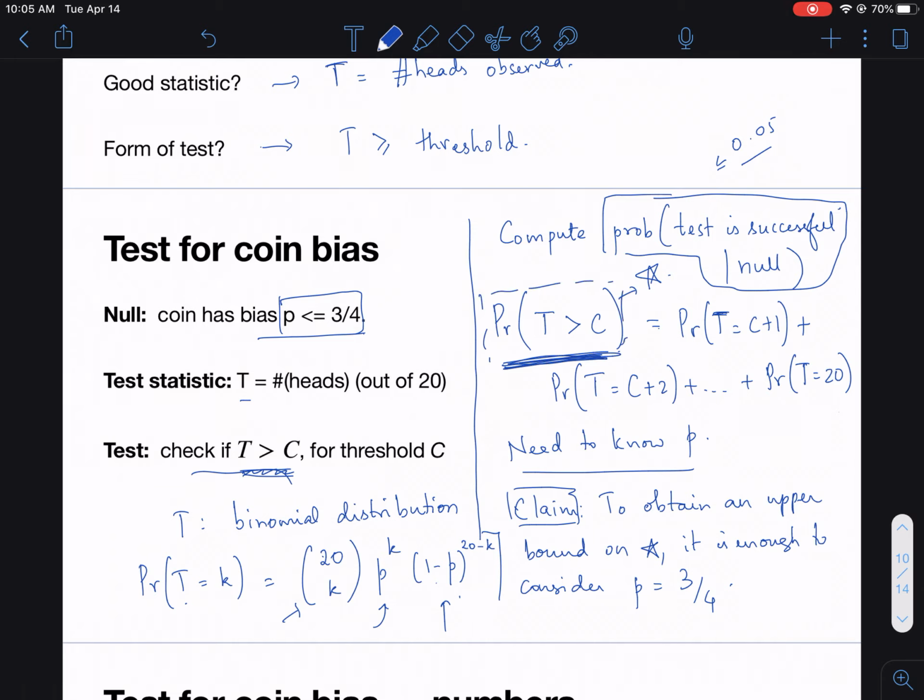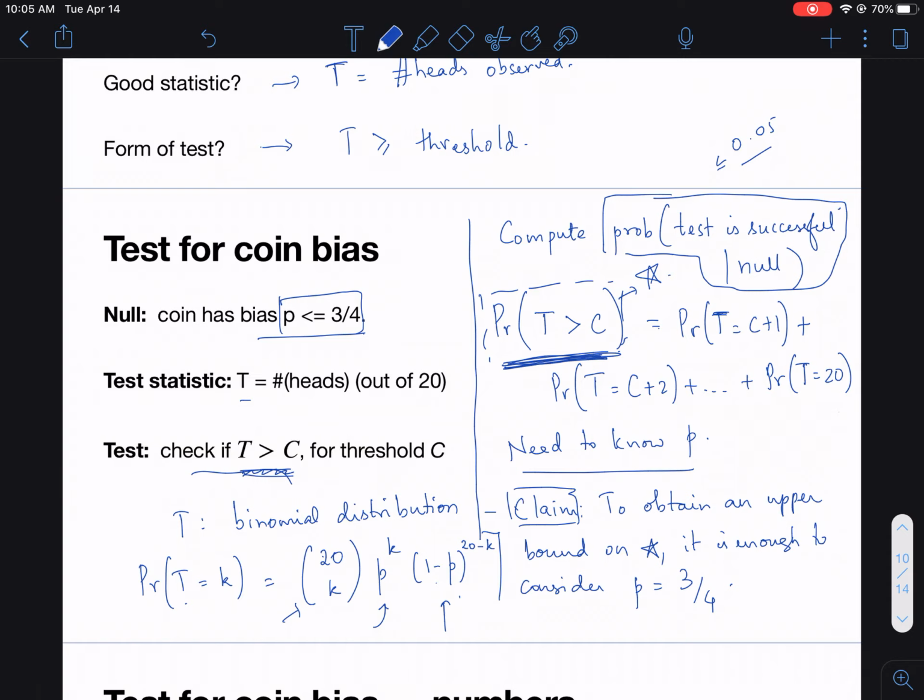What I'm claiming is that the higher the p, the higher this probability gets. And this is intuitively obvious. If I fix a c and ask what is the probability that more than c out of the 20 tosses are heads, then if my coin is more and more biased, this probability only increases, right? So this is a very believable claim and it can be proved formally. I won't actually prove it because I don't think it's very important for us.